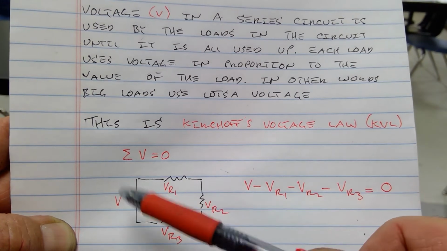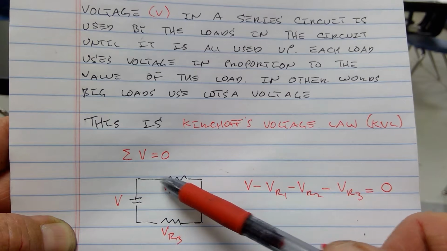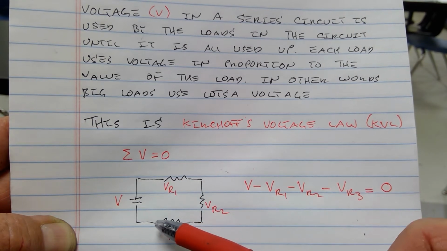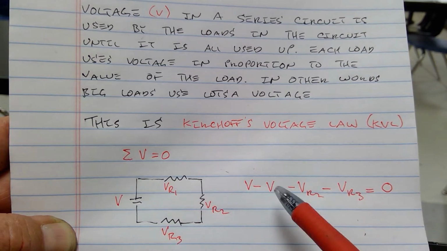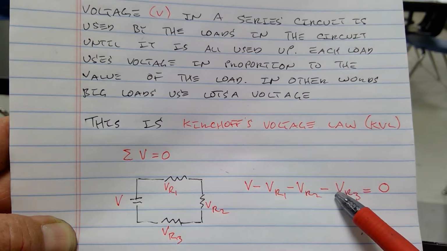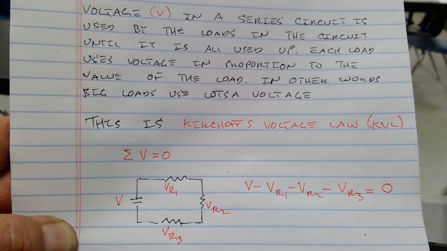So what that means is if I have some voltage here, then I have voltage across R1, voltage across R2, voltage across R3. The original voltage minus VR1 minus VR2 minus VR3 is going to sum to 0. It's going to equal 0.